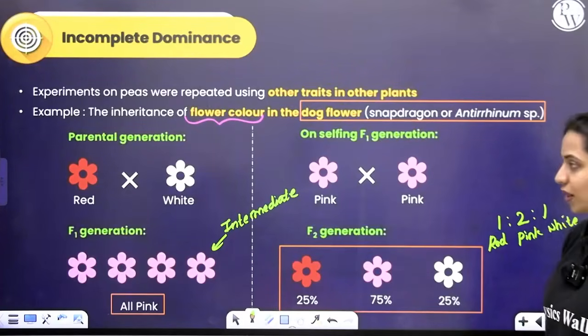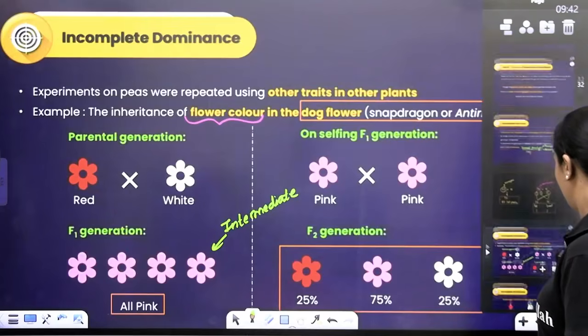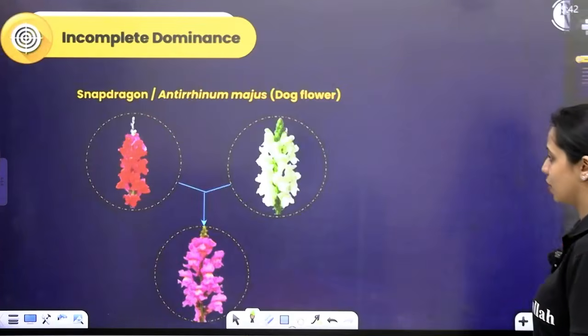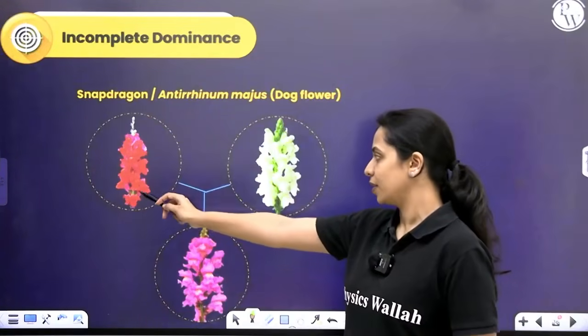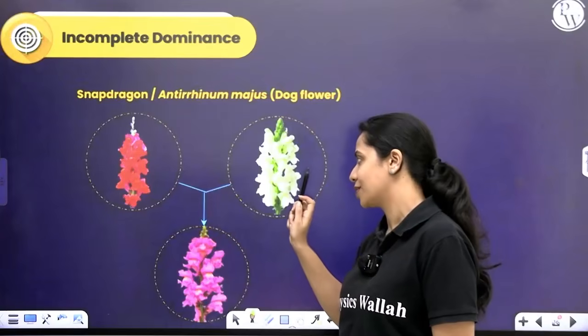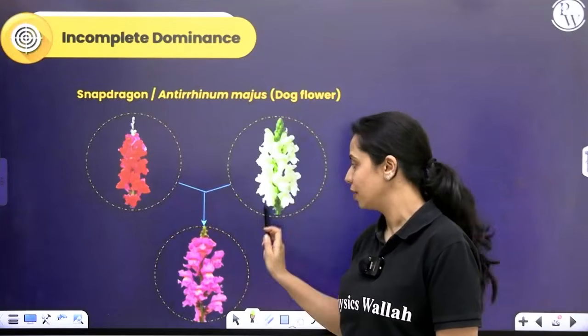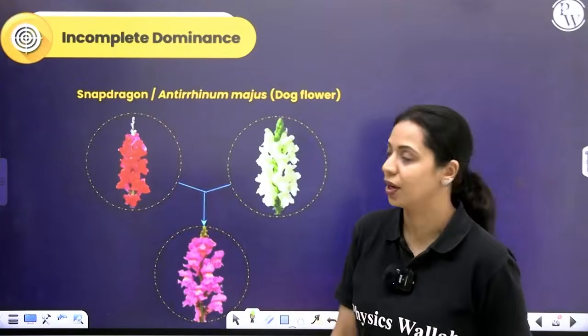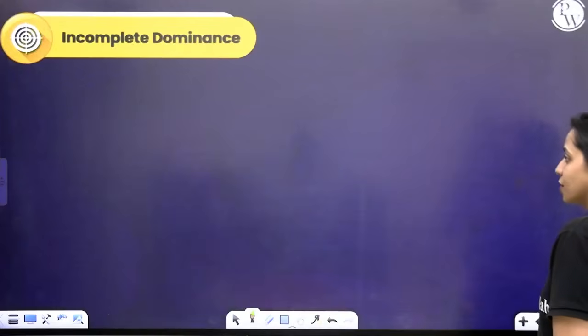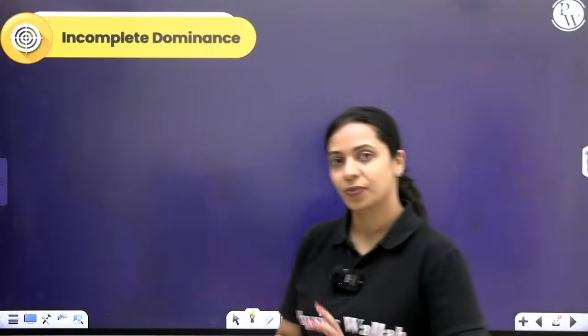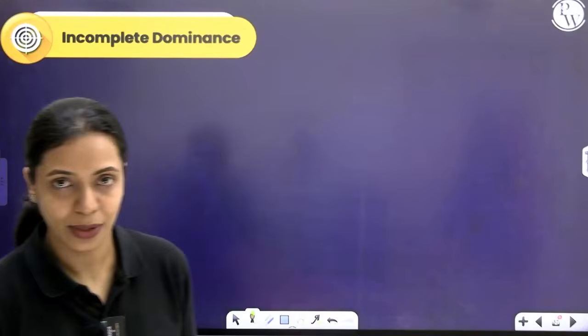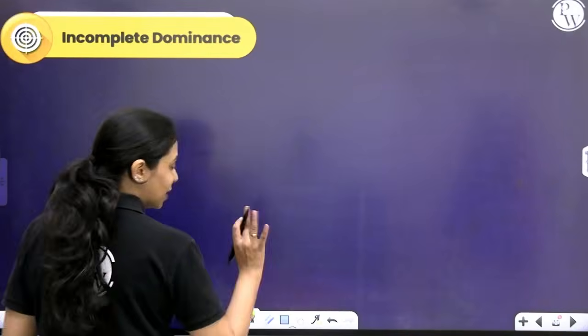This is the ratio that they got. See, this is the actual plant, dog flower. When red color flower producing plant is crossed with white color flower producing plant, we get a pink color flower producing plant. Let's try to solve this using the same letters that we used earlier, similar letters.